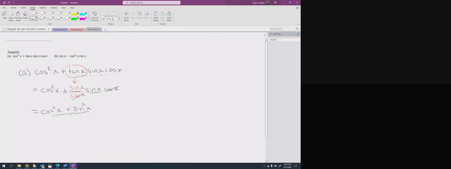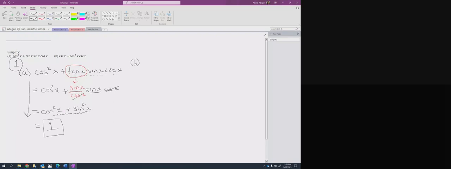So cosine squared plus sine squared is equal to 1. That's like the most fundamental of the Pythagorean identities. And so the answer to part A, this expression simplifies to 1, but it's going to be critical that you can show the steps, that you can show why that original expression is equal to 1.